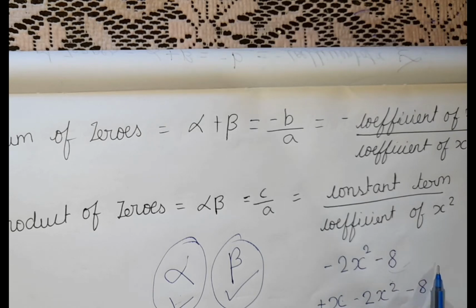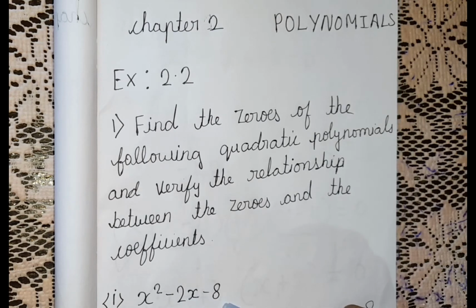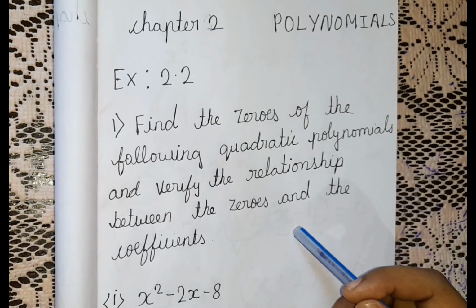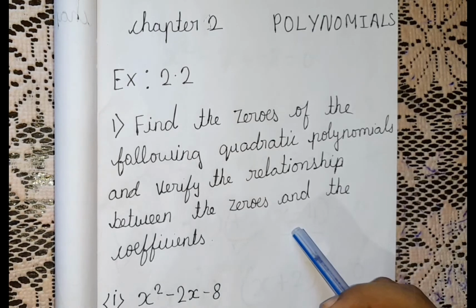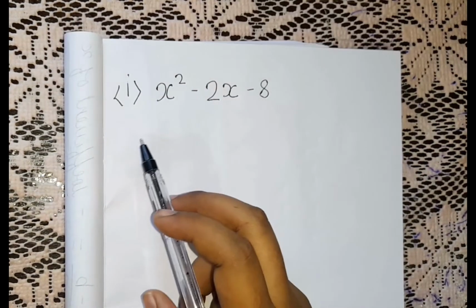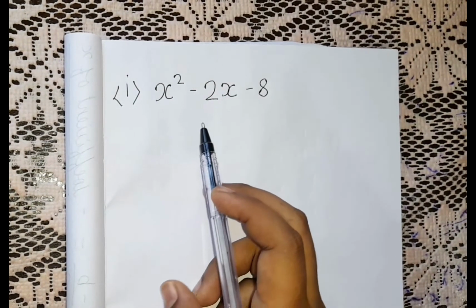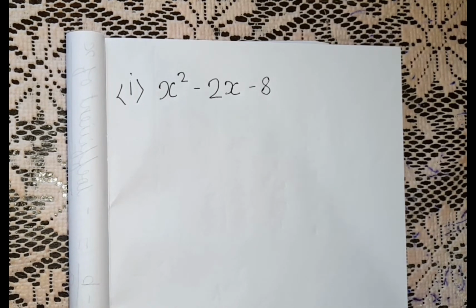Now let's find out how to find the relationship between them. As you guys know, the first subdivision is x square minus 2x minus 8. By using these numbers or variables and constant terms, we are going to be solving it. Now we are going to write, let p of x is equal to x square minus 2x minus 8.